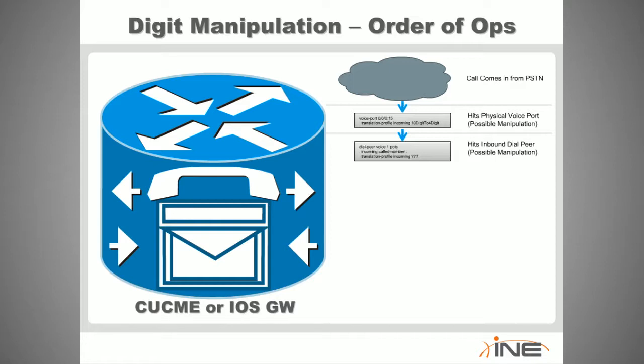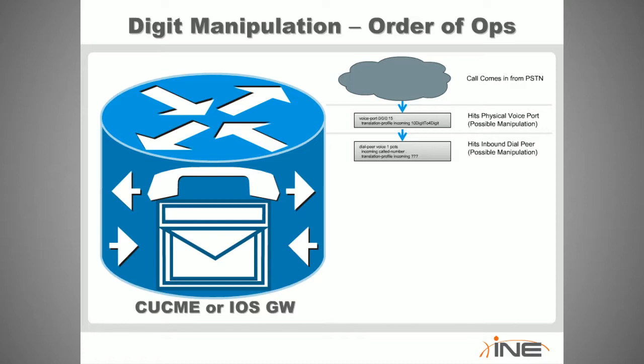But when the router's trying to match an inbound dial peer, before it can ever match an outbound dial peer, destination pattern does not try to match DNIS, or called number. Instead, it matches the opposite. It matches ANI, or calling number. So on an inbound basis, destination pattern matches ANI, or calling number.